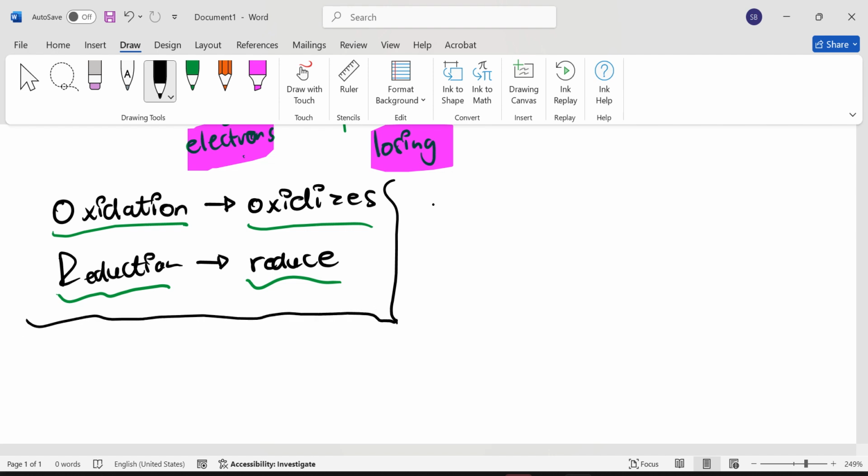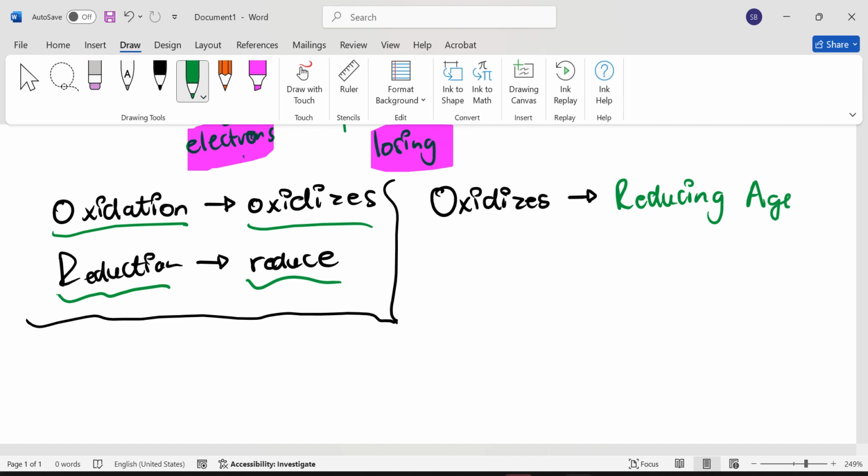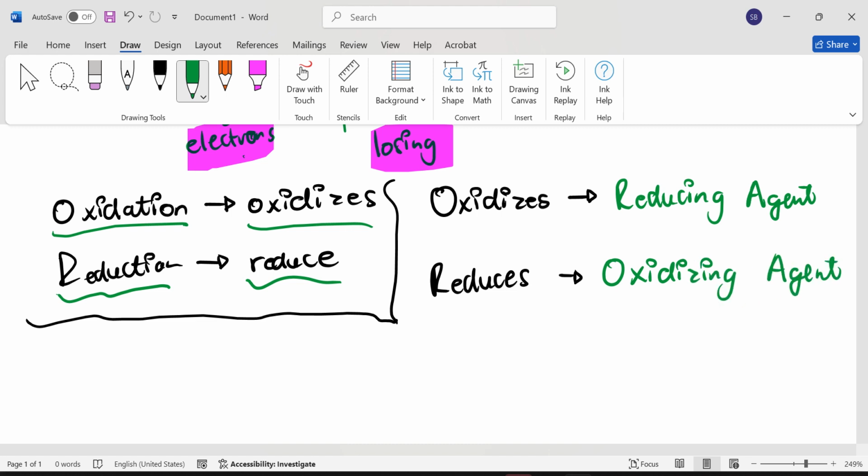When a substance undergoes oxidation, or oxidizes, we say that substance is the reducing agent. Similarly, when a substance reduces, we say that substance is the oxidizing agent.